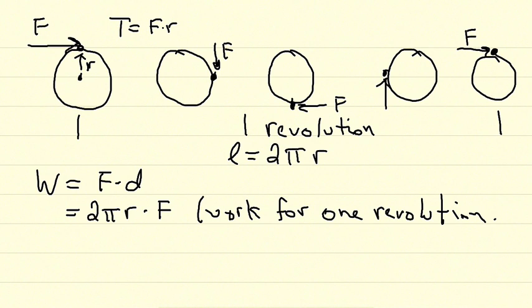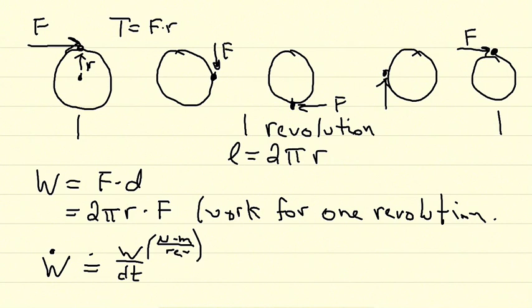In fact, I have multiple revolutions, and that's where my rotational speed comes in. If I want to have this on a work per unit time basis, W dot is work per unit time. Work has units of, in the metric system, Newton meters, and this is per revolution.